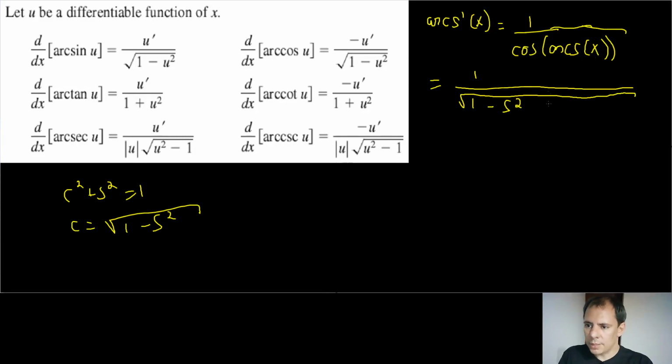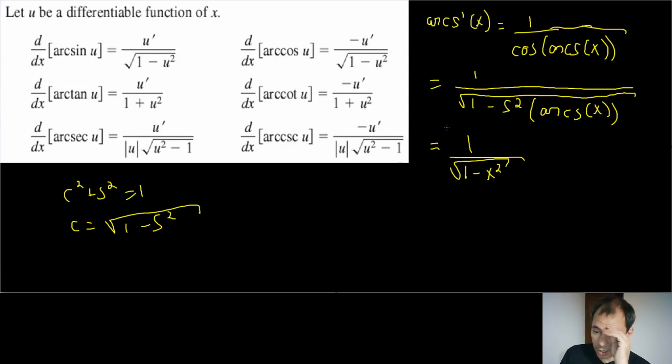Of whatever is inside the cosine, which is arc sine of x. Well, the sine of the arc sine of x is just x, right? Because it's a composite function where the outer function is the inverse of the inner function. So the sine of the arc sine of x is x, and the sine squared of the arc sine of x is x squared. So this equals 1 divided by the square root of 1 minus x squared. Okay, so that's the derivative of the arc sine.